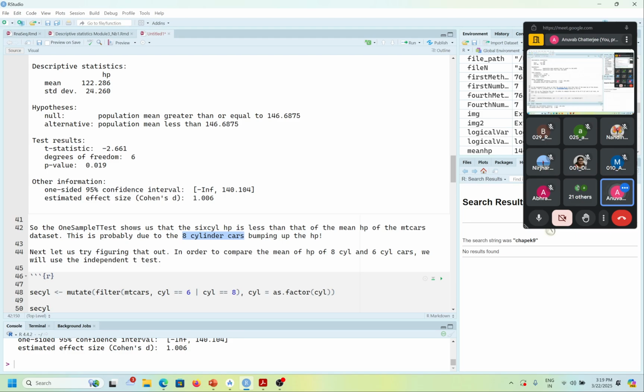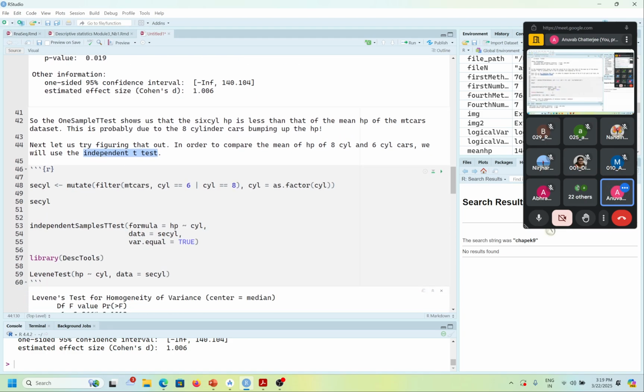So now we can try and figure out if this is the correct hypothesis, that the 8-cylinder cars have so much more HP than the 6-cylinder cars. In this case, you are comparing two different groups. If you want to compare two different groups, you use the independent t-test.